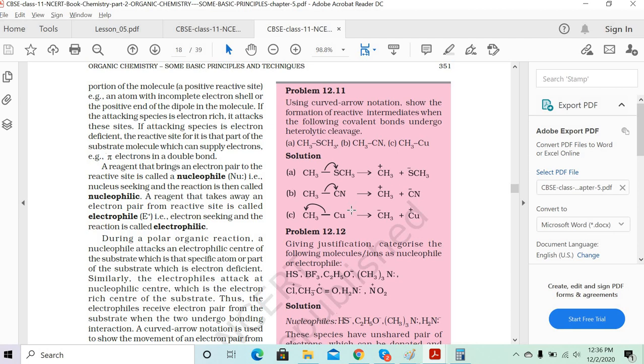Now it takes both the electrons from the carbon and puts them on the sulfur only. So that develops a slight negative charge, and the carbon, having given the electron to the sulfur, develops a plus sign. So that's the carbocation on the methyl carbon atom. Got it?